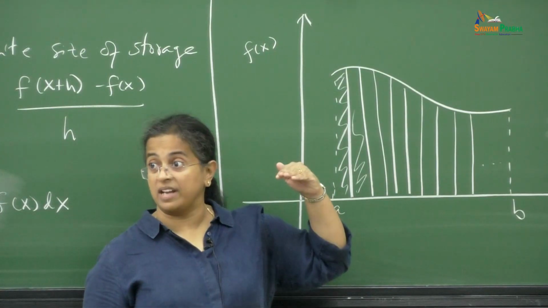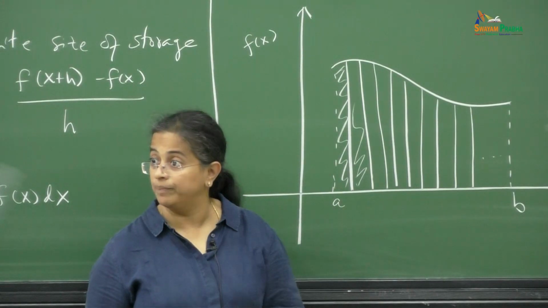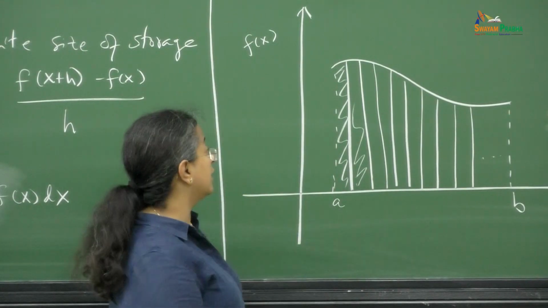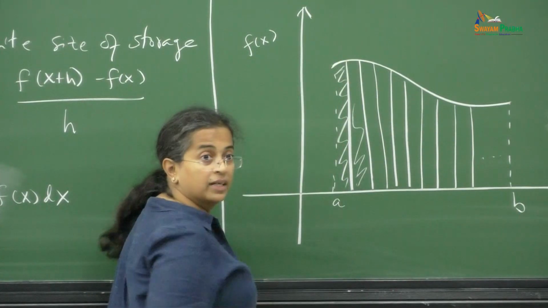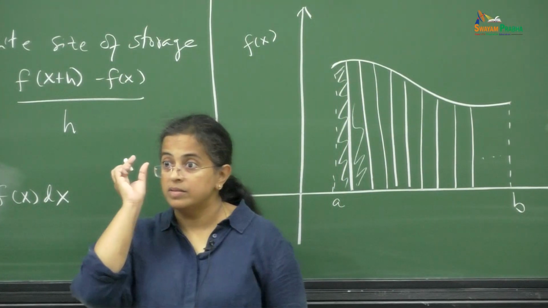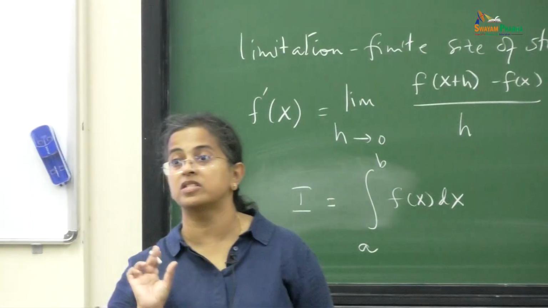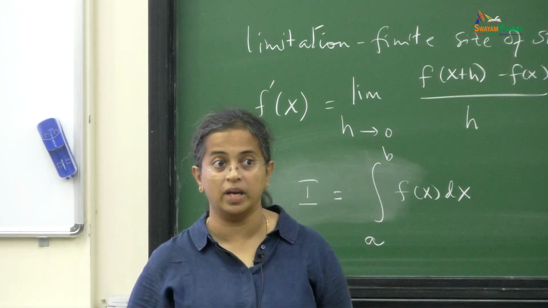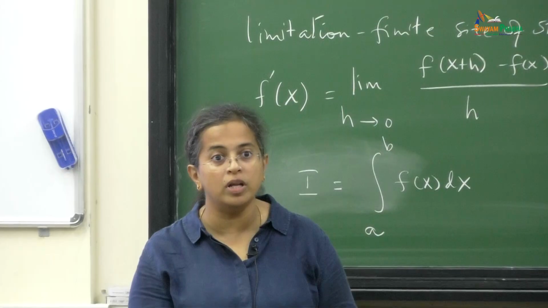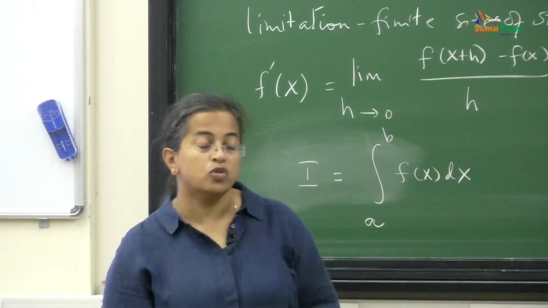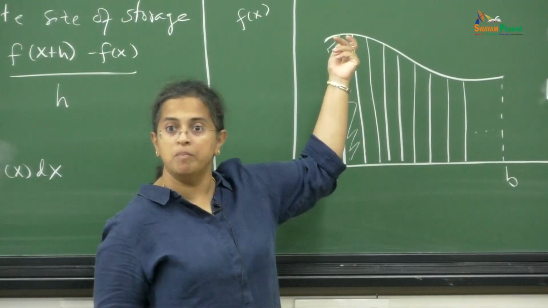You could use rectangles, you could use trapezoids, you can use some other function as well. All of that amounts to asking, within this small interval, how do I see my function? You always make an approximation to the function as a polynomial. Because even the Taylor series, I truncated it, so that became a polynomial, correct? So therefore, I always will assume some polynomial.